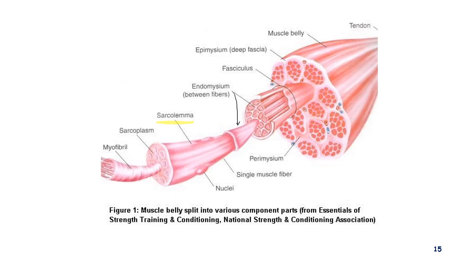Now, inside the cell membrane, you're going to have your cytoplasm. But for muscle cells, you don't just call it the cytoplasm, you call it the sarcoplasm. So sarcolemma for the cell membrane, and sarcoplasm for the cell cytoplasm.